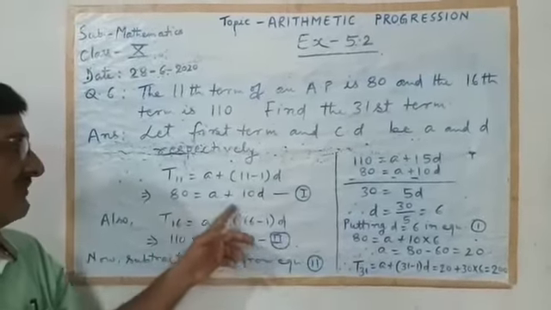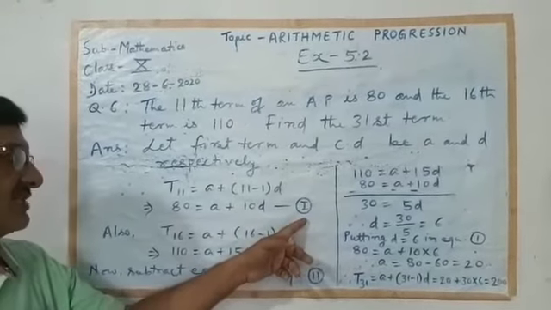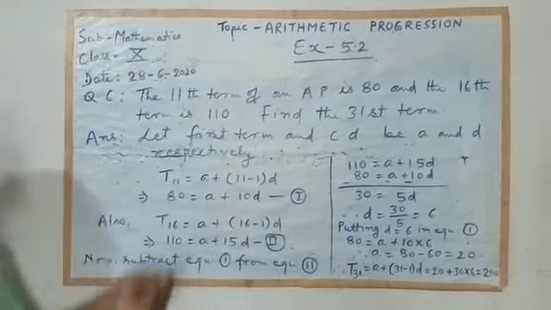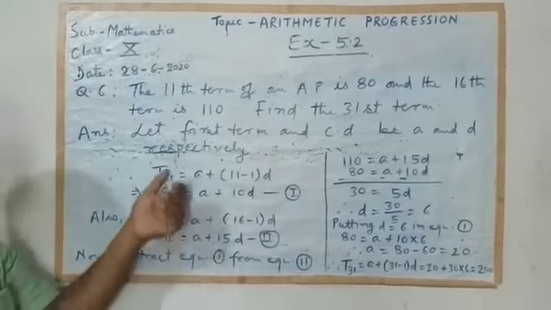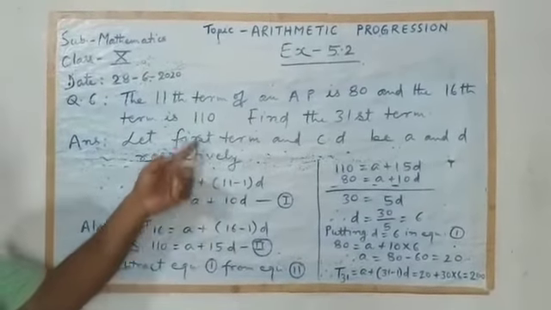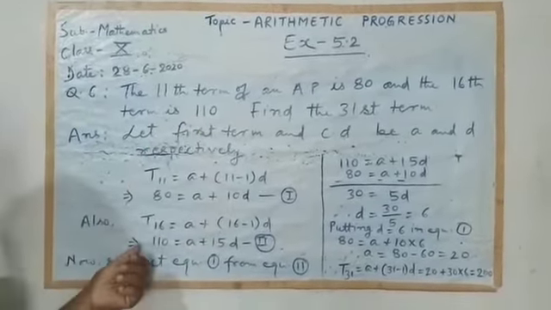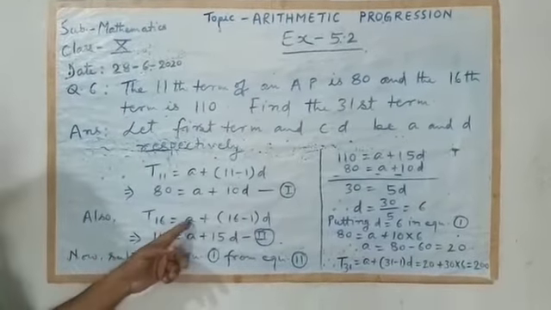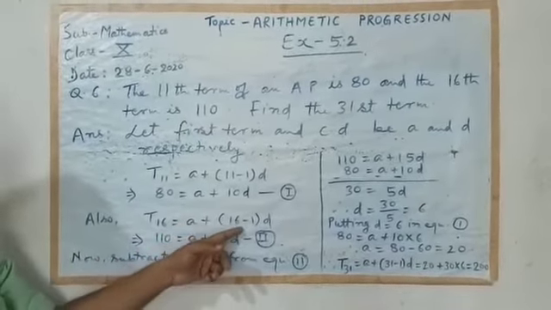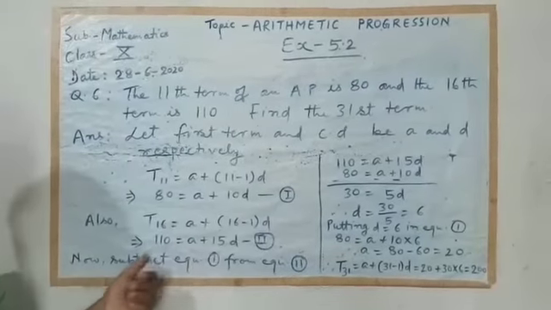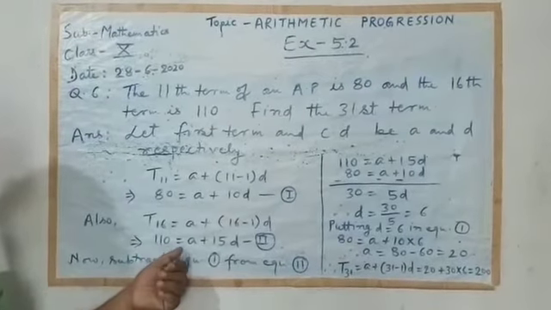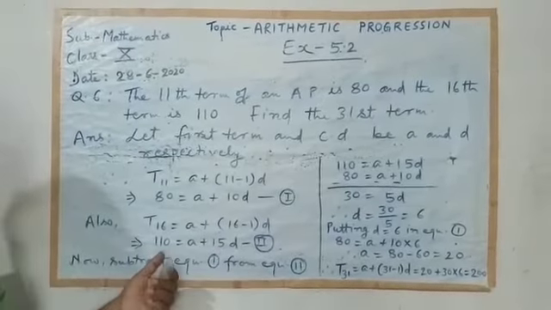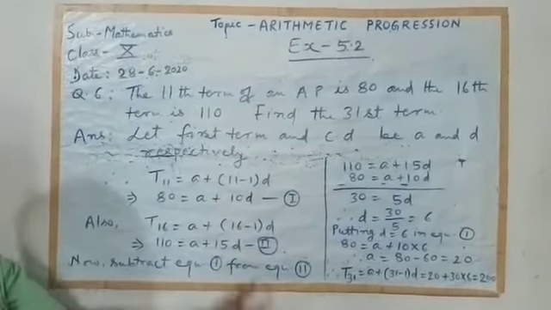Now according to the question, the 16th term is 110. So we can write T16 equal to A plus 16 minus 1 into D. So 110 is equal to A plus 15D. It is equation number 2.